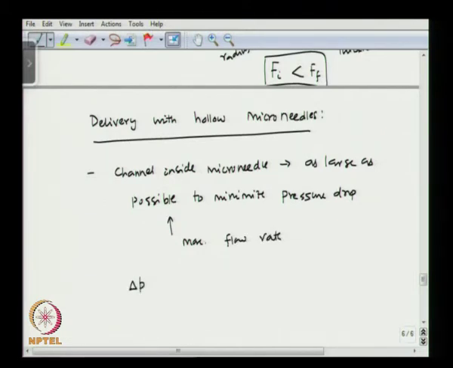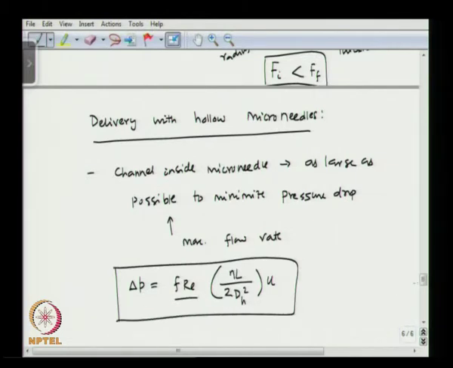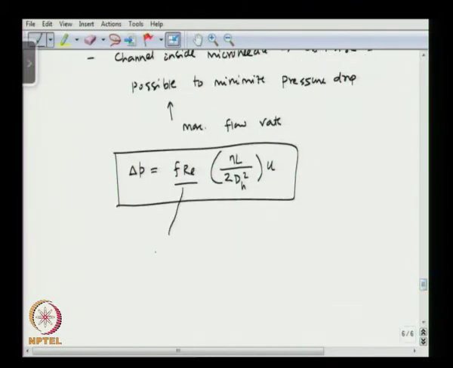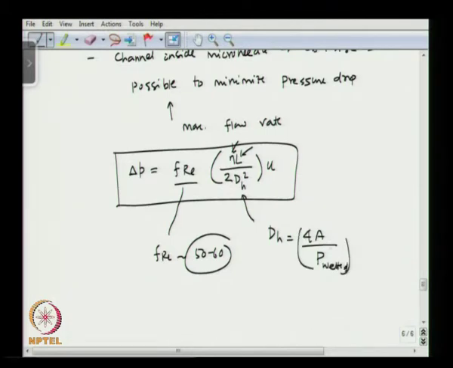So, the delta P is given by f Re into eta L divided by 2 dH square into velocity, okay, where f Re for laminar flow, as we are talking about microneedle, has a value between 50 to 60, okay, and eta is the dynamic viscosity, L is the length of the microneedle, dH is the hydraulic diameter, which is 4 into area of cross section divided by the wetted perimeter, and U is the velocity, okay.